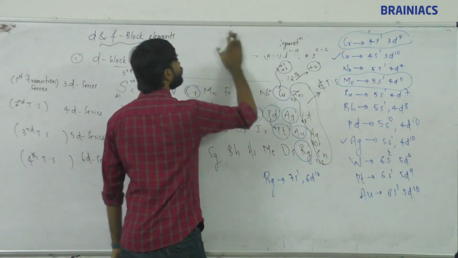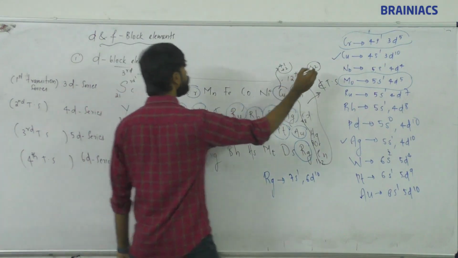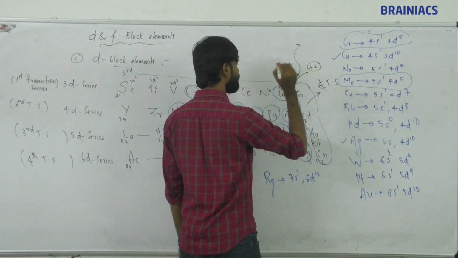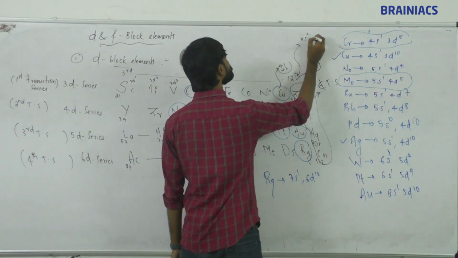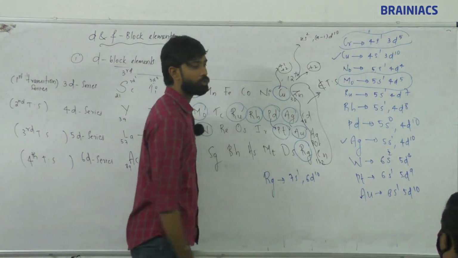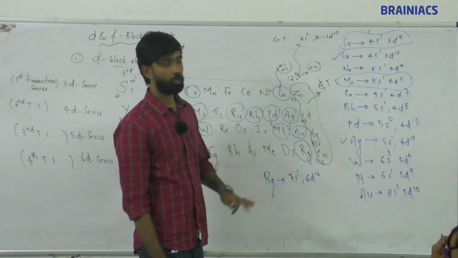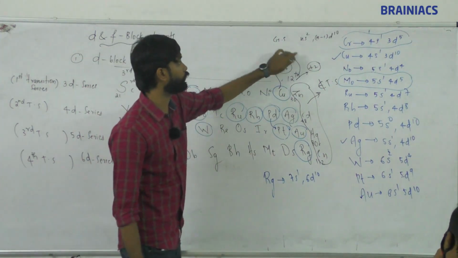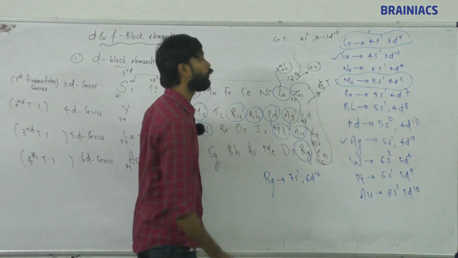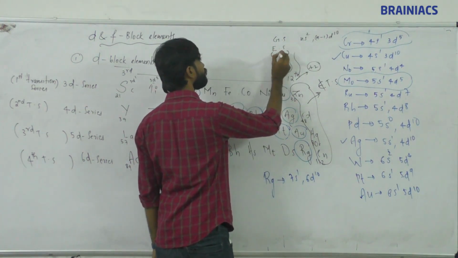Why? What about the configuration of that category? Configuration of the 12th group? The 12th group generally has ns2 (n-1)d10. This is the ground state configuration, agreed? What about the excited state configuration? Excited state configuration means the +2 configuration.